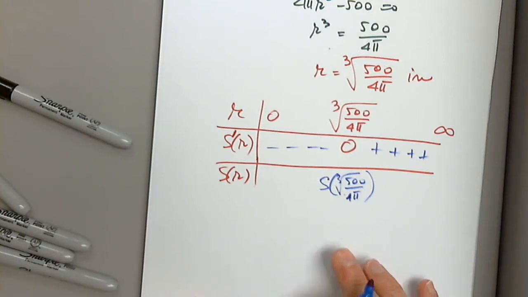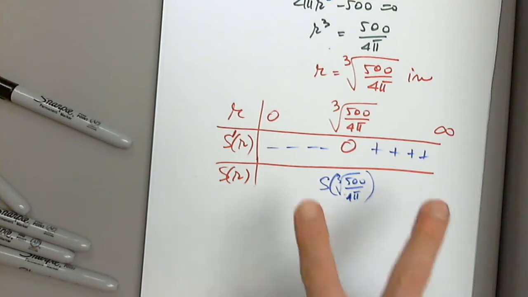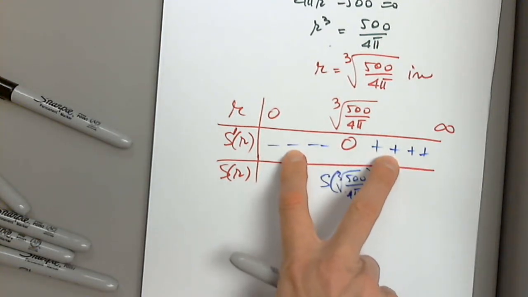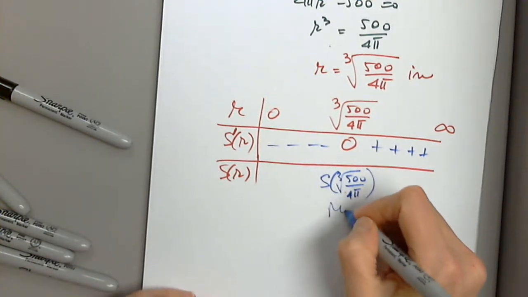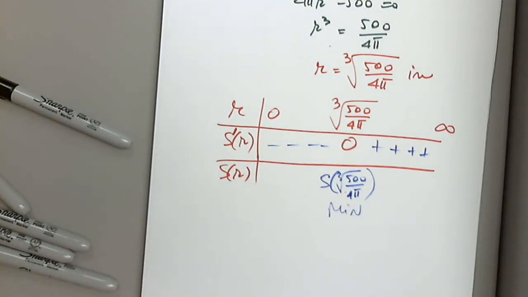Critical? Yes, but now I know it's more than critical because I studied the sign of the derivative. I see it changes sign, negative, 0, positive. You have to do the double derivative to see if it's maximum? No, I already know. Now, if it's easier for you, that's a second derivative test.